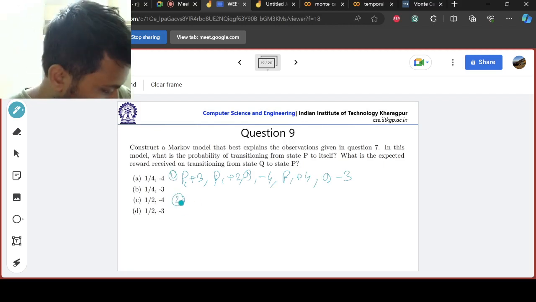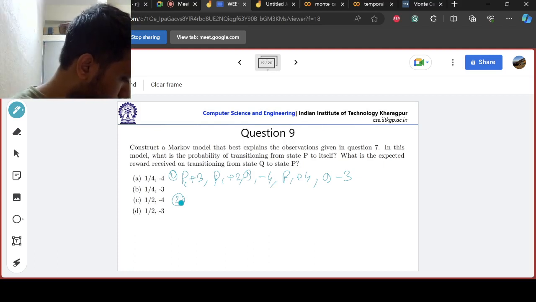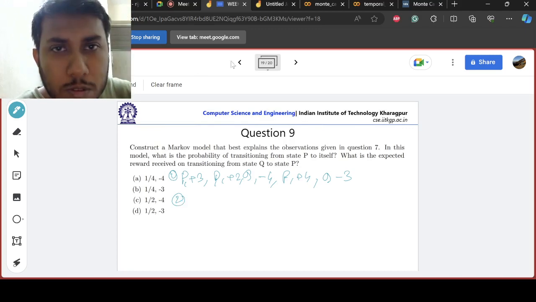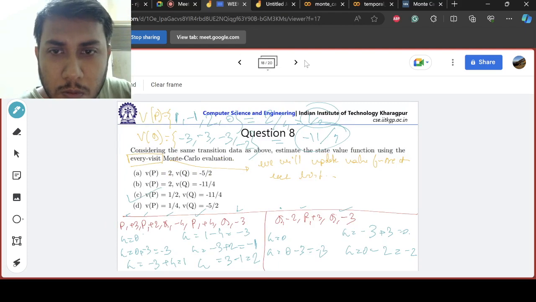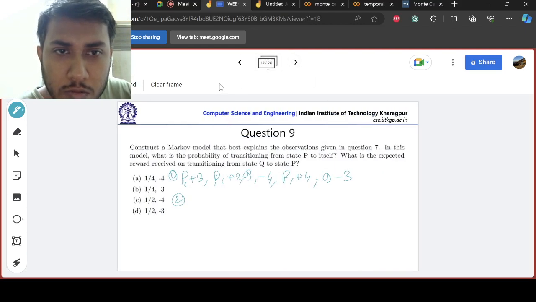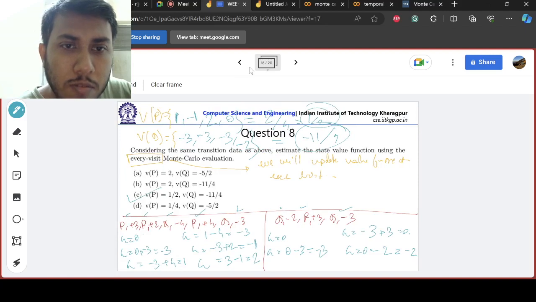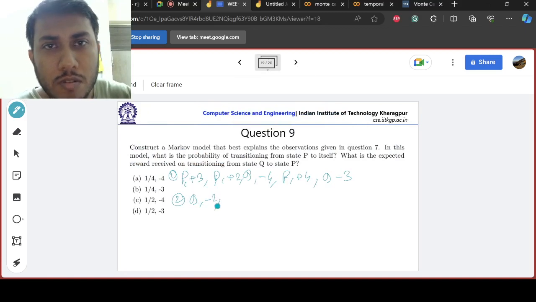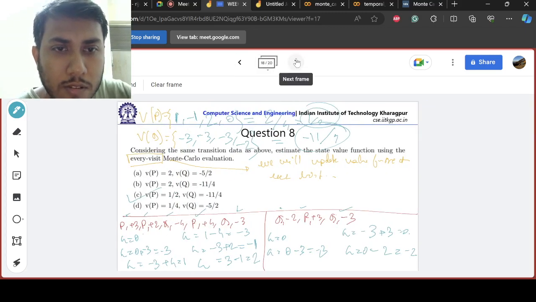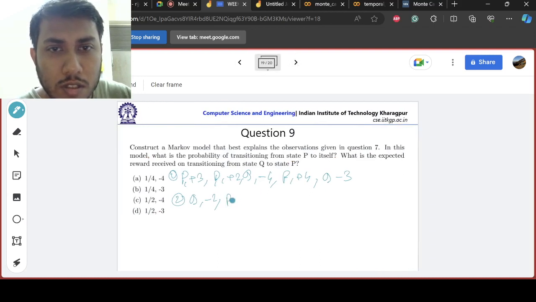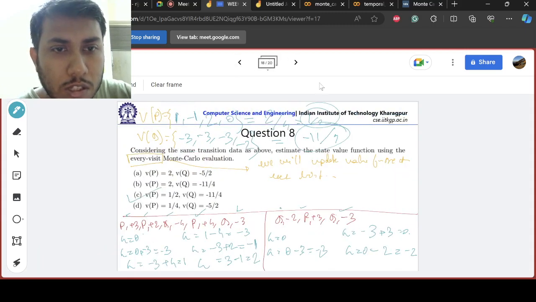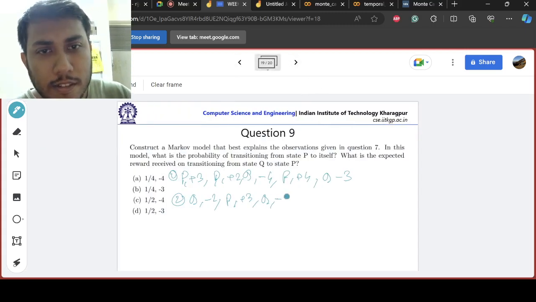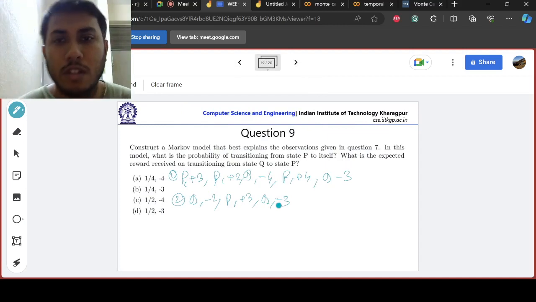The other episode is plus 3, plus 2, minus 4, plus 4, minus 3, minus 2, plus 3, minus 3, minus 2, P plus 3, Q minus 3. Okay, so these are the two episode tasks.